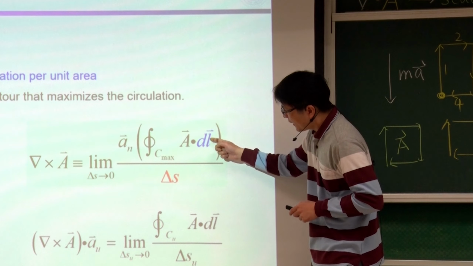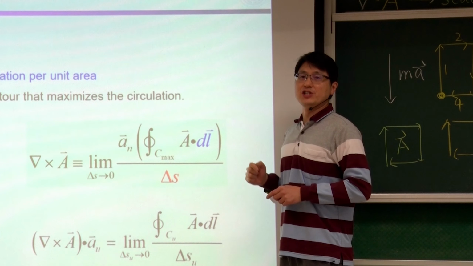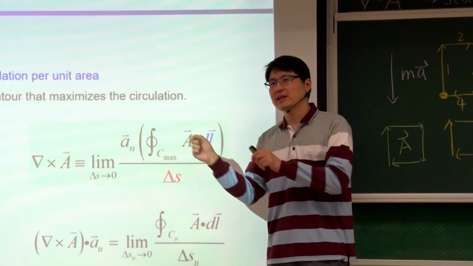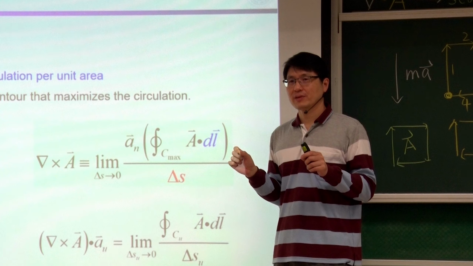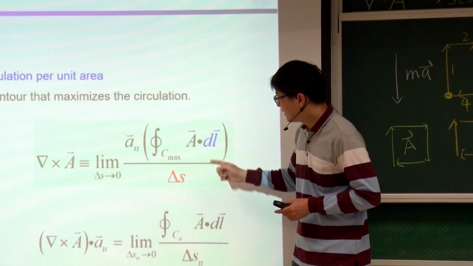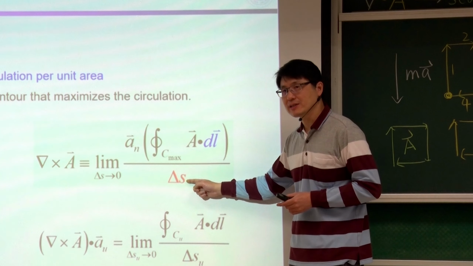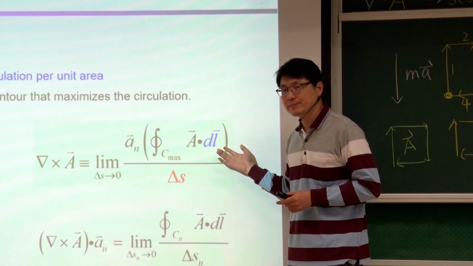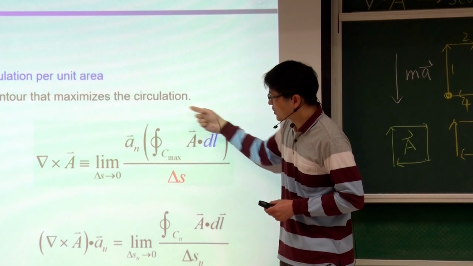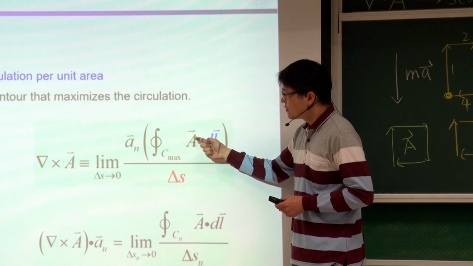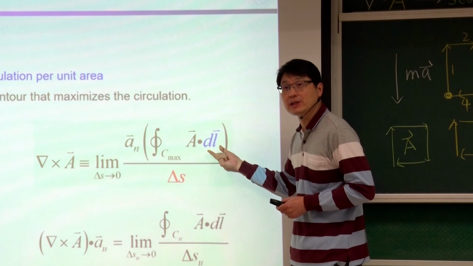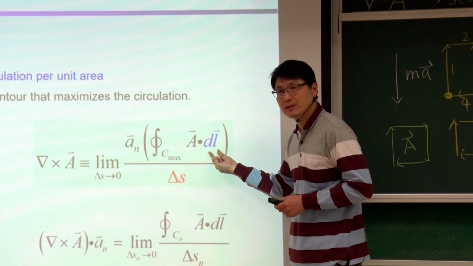Okay, so take a look at the definition and try very hard to link it to what I taught you in basic vector analysis. dl and delta s, what do they stand for? When you try to evaluate the net circulation, the vector field is making an inner dot product with the differential length.